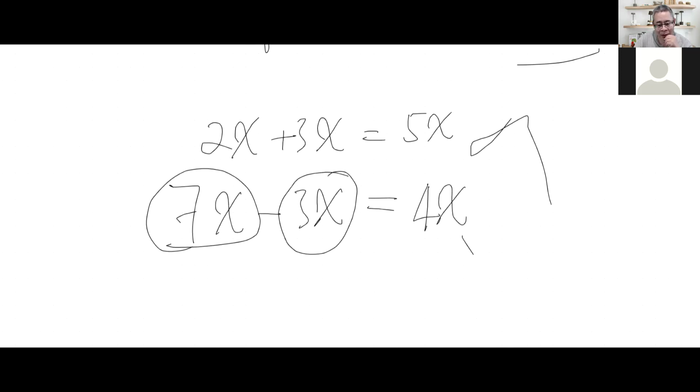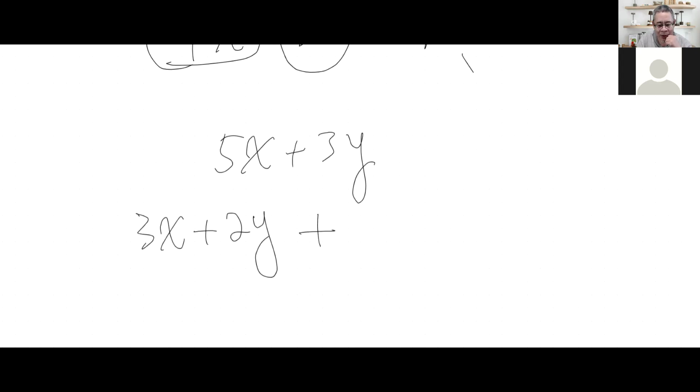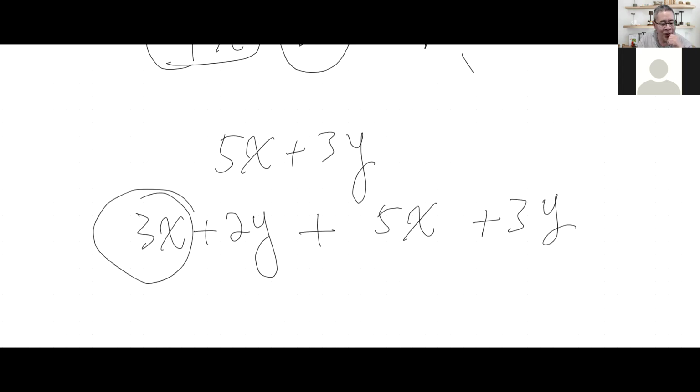Now, if we have 5x plus 3y, then we have different variables, and we cannot add them. This is like having 5 bags of candy and 3 boxes of bananas. You cannot really add them together. But if you have 3x plus 2y added to 5x plus 3y, then we can combine them. 3x plus 5x is 8x, then 2y plus 3y is 5y.